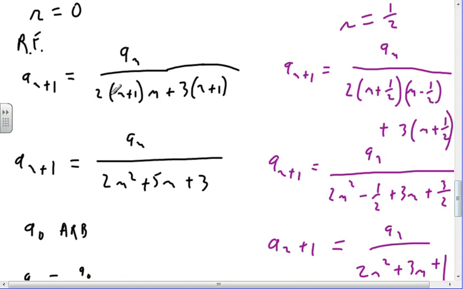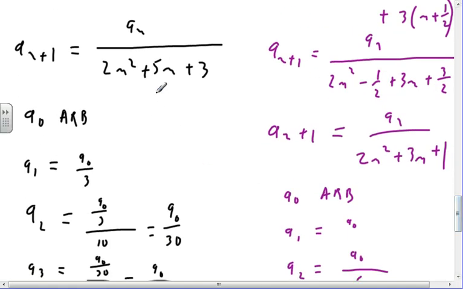Okay, I got r squared, 2n, 3n, 3. Okay, this factors a_n, 2n plus 3, n plus 1.